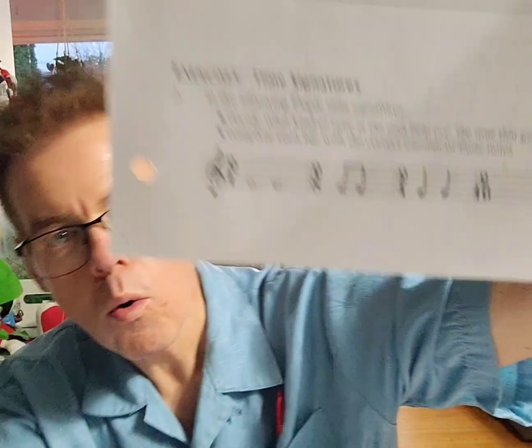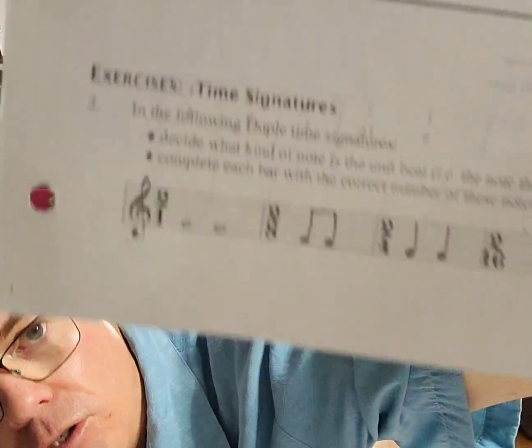And what do we have for the next one? Two 16th notes. So I'm just going to hold up the two quarters. So we've got our two whole notes, two eighth notes, two quarter notes. And are we going to beam those two 16th notes together? Yes, we sure are.